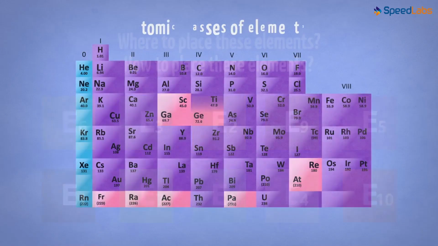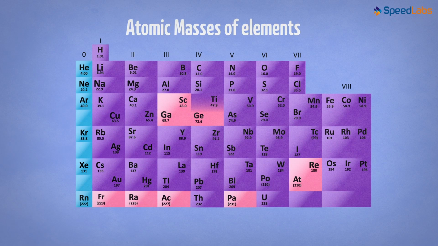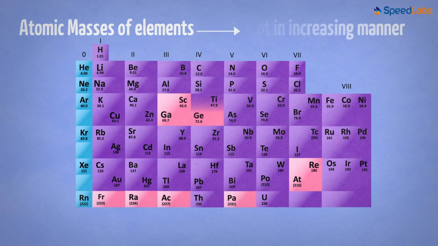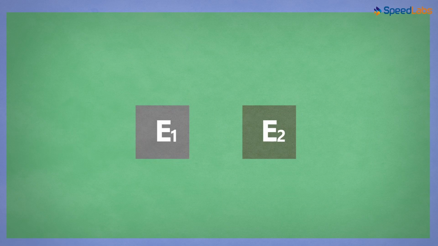Note that the atomic masses of previously discovered elements were not in a regularly increasing manner. Then how and where will we place the new ones? Just for the sake of understanding, let's imagine the atomic masses of 2 random elements. Element 1 has atomic mass 200, whose position comes first, while element 2 has atomic mass 196, which is placed later in the table, that is after element 1.